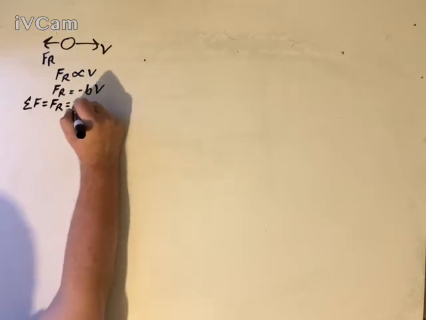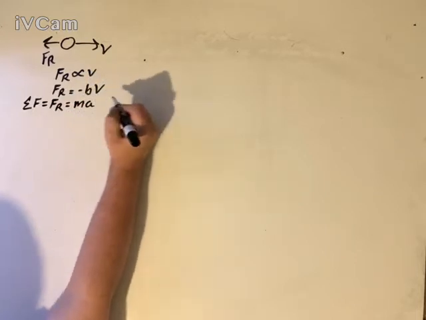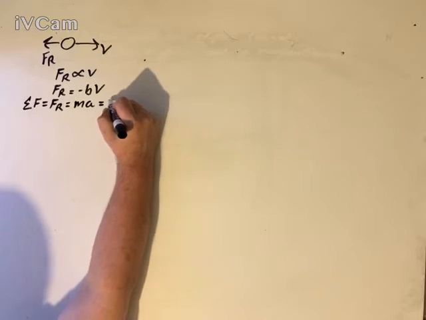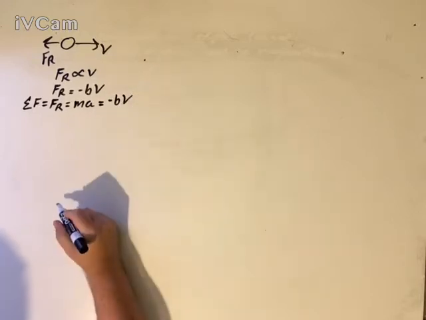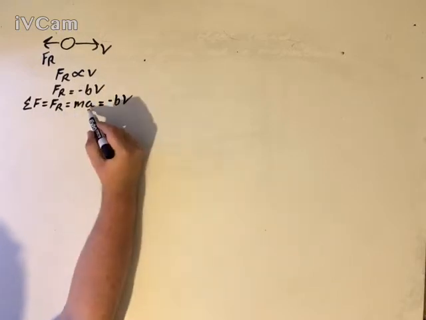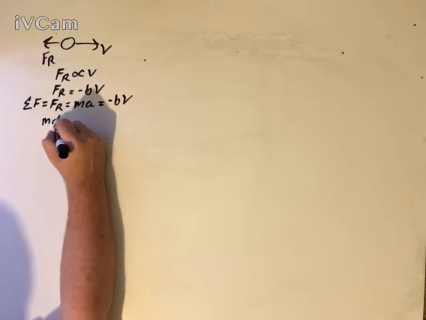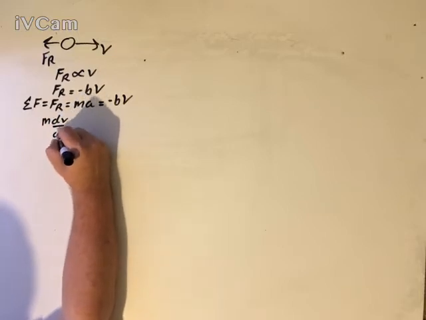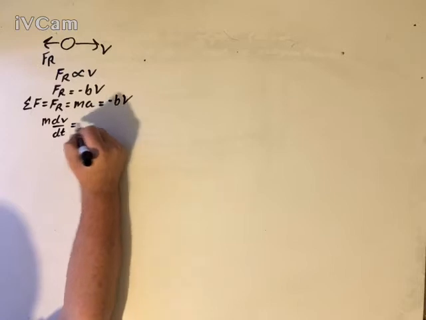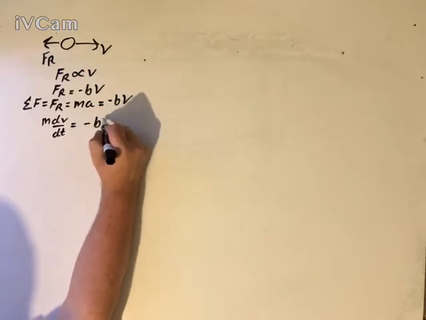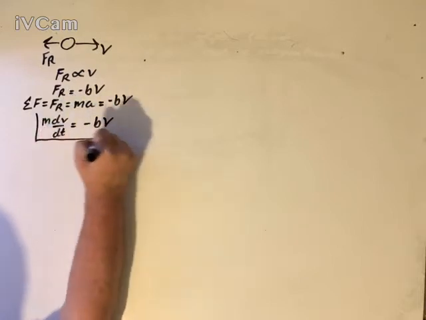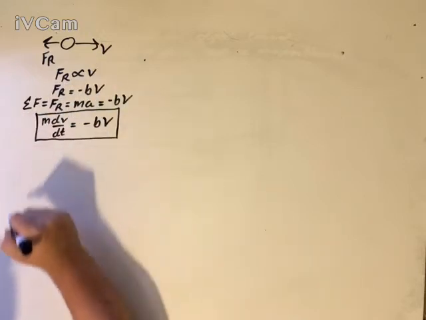And we know that the sum of the forces equals the mass times the acceleration, and that equals negative B times v. We know that acceleration is the derivative of velocity, so we can say m dv/dt equals negative B times v, and that gives us a differential equation that we can use to solve this.